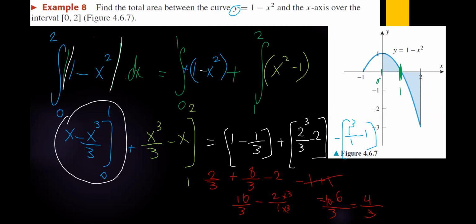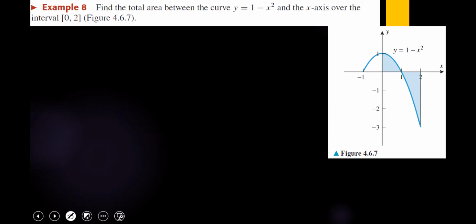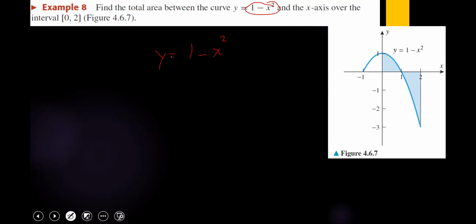Before that, here it has 1 minus x squared. To find it, we say it's from 0 to 1 and from 1 to 2. Why did the function change at 1? Because let's find the zero of y. y equals 1 minus x squared. At the x-intercept, y is 0. So we say 0 equals 1 minus x squared.